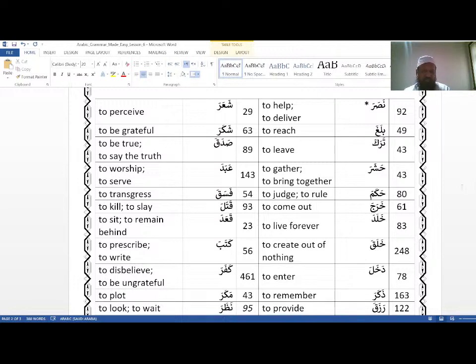Which surah do you find this siga abadtum? Yes, I've got one answer. Surah Al-Kafirun.